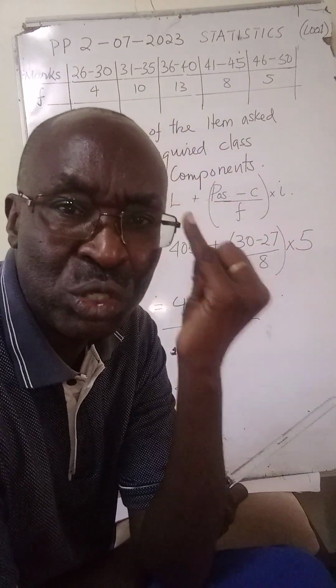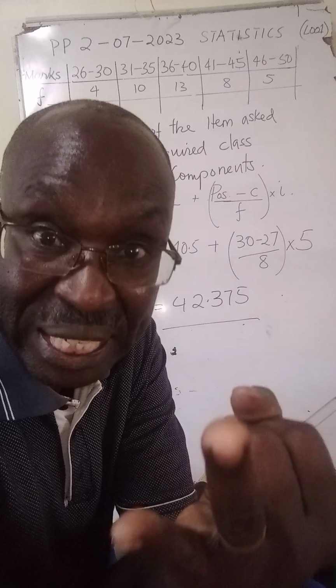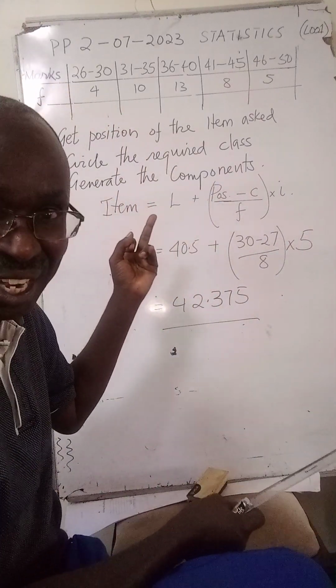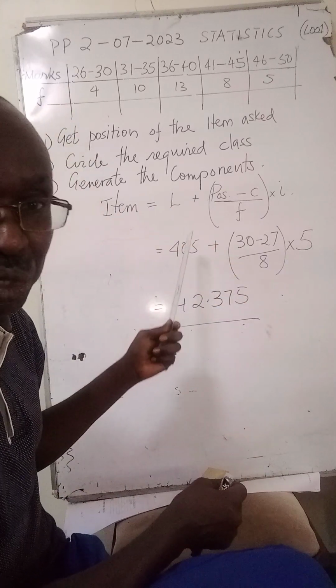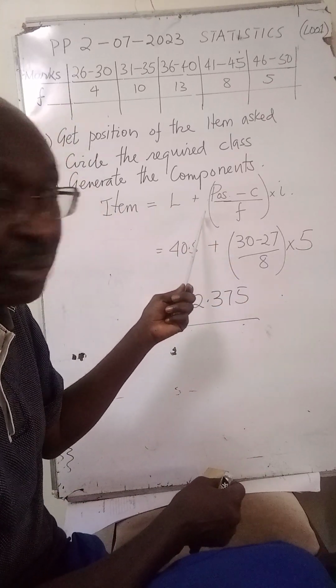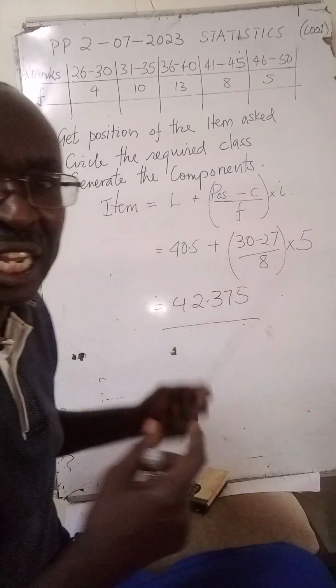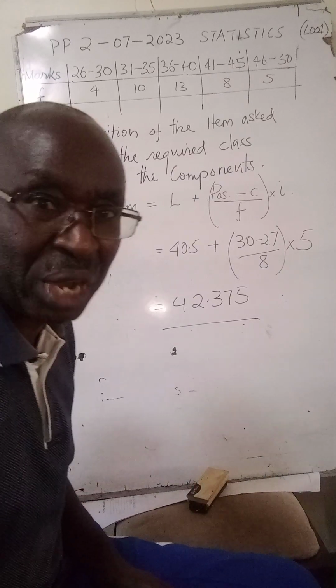Right. So what do you do first? Whenever you're asked about percentiles, quartiles, and median, those ones, we tend to use the same formula, this formula. So let me explain. The first thing is to try to get the position of the item asked.